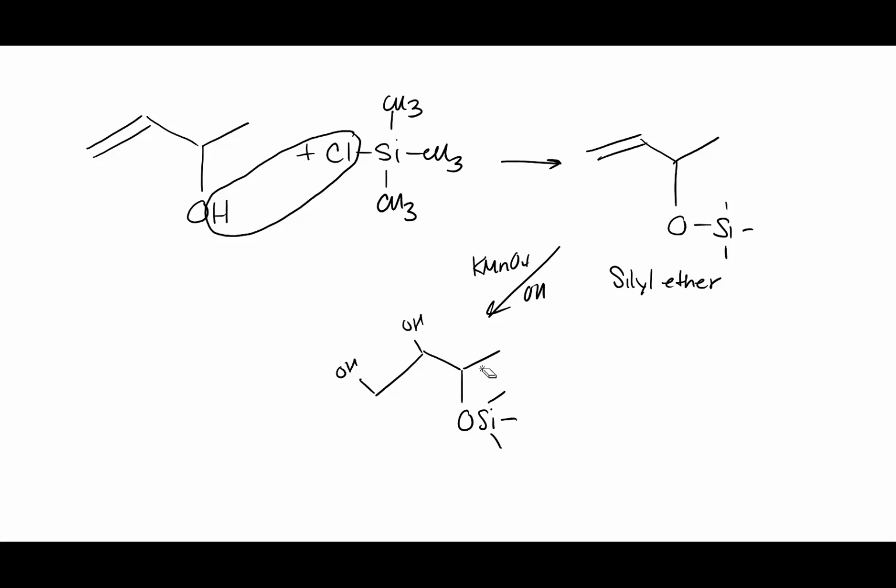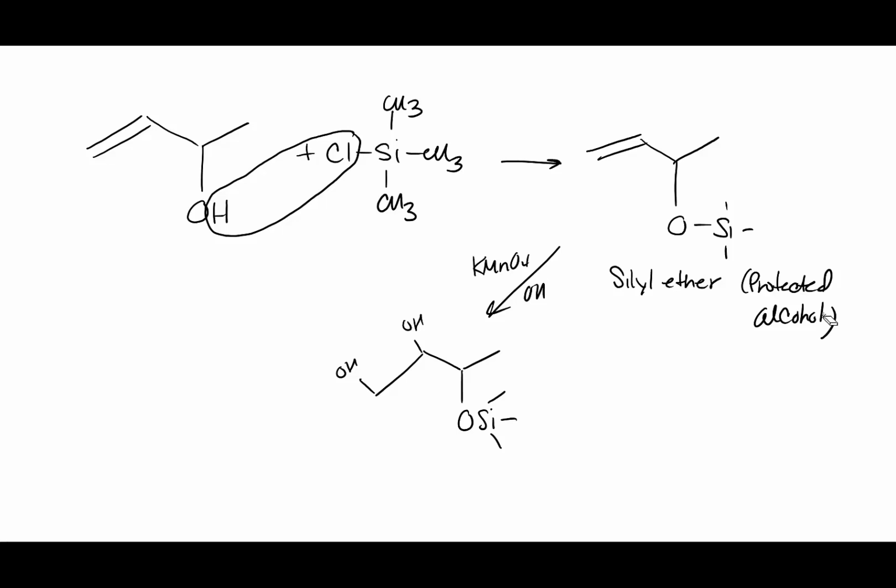Nothing happens to the silyl ether. So now I can do my reaction on the other parts of the molecule, and my OH group is protected against that. This would be called a protected alcohol, a silyl ether.